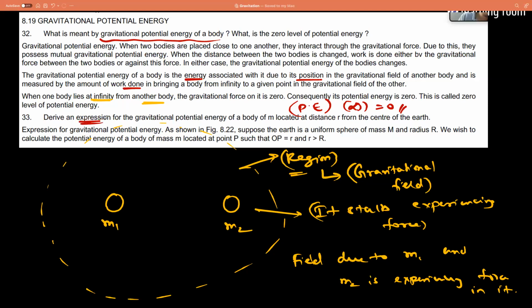Now, the next job of ours is to derive an expression for the gravitational potential energy of an object of mass m located at a distance r from the center of the earth, where small r is greater than capital R. So listen to this carefully.